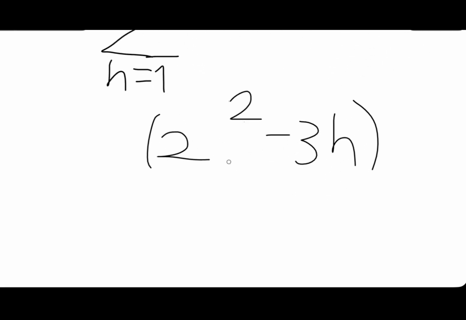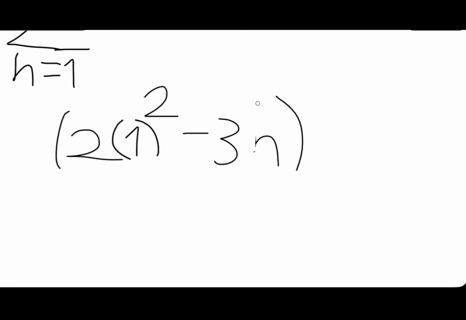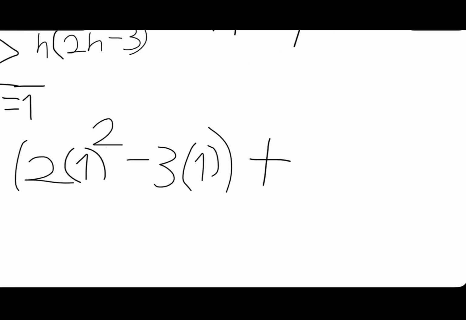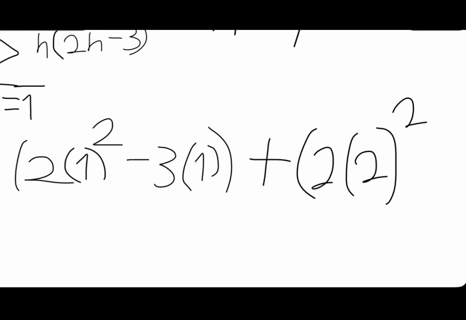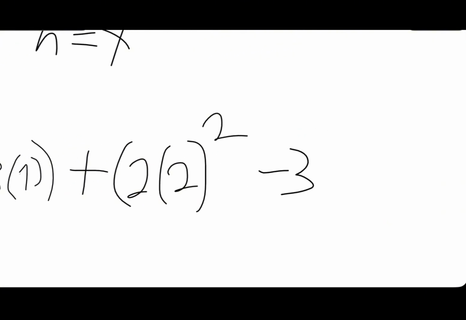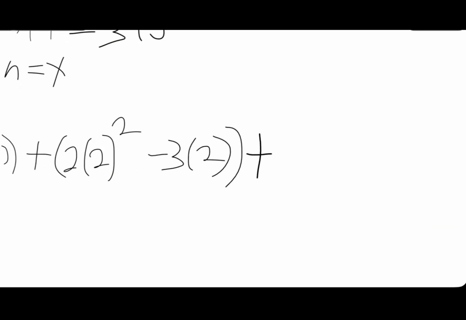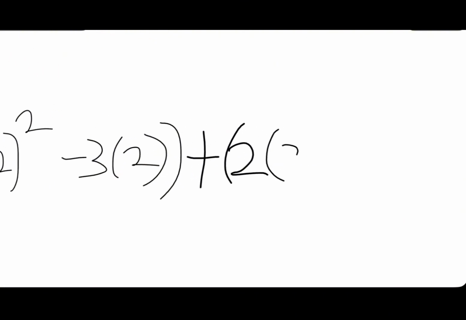Starting off, we've got 1. Then we've got another one here, and we're adding the same thing, but with a 2 this time, minus 3 times 2. And then we're adding again, with the 3 this time.